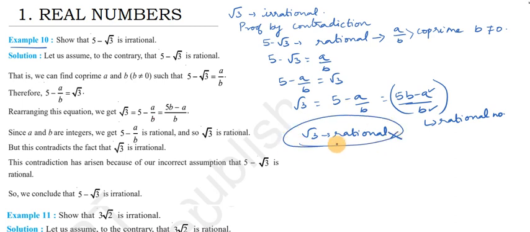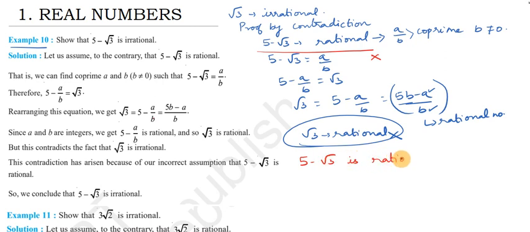So this can never happen. Our assumption that 5 minus root 3 is rational is incorrect.